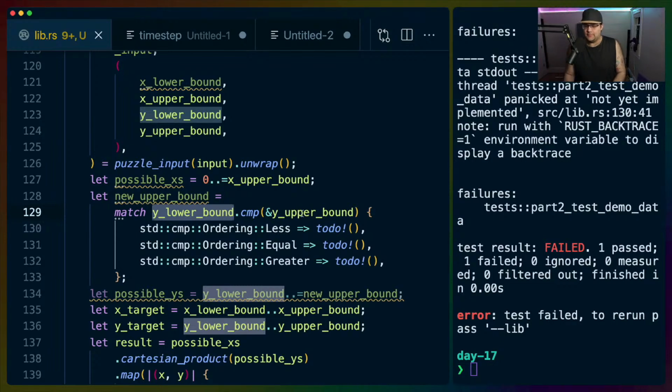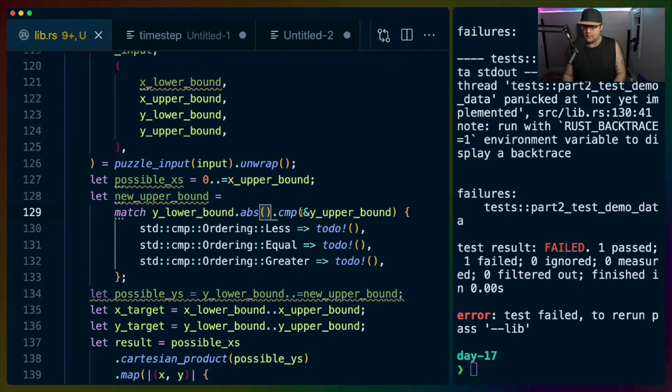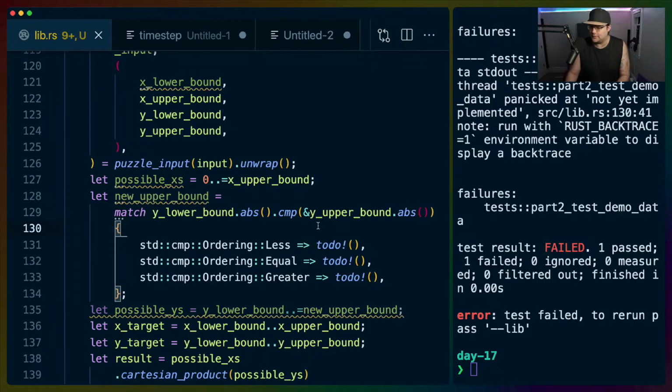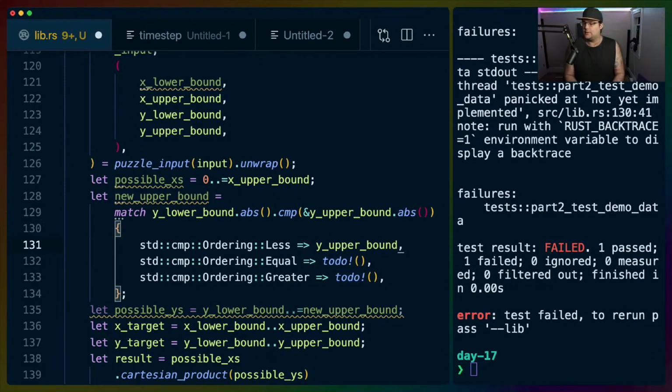So we need to tell if they are negative or not, so let's do abs.comp this.abs. So now we're comparing the absolute values. So if the lower is less, then we do y upper bound.abs.